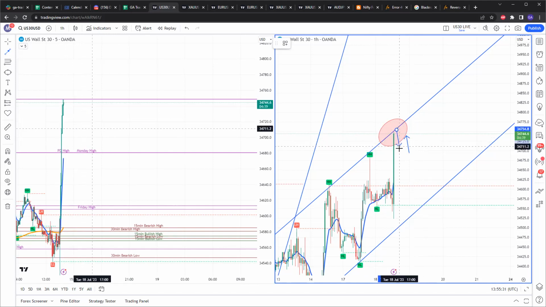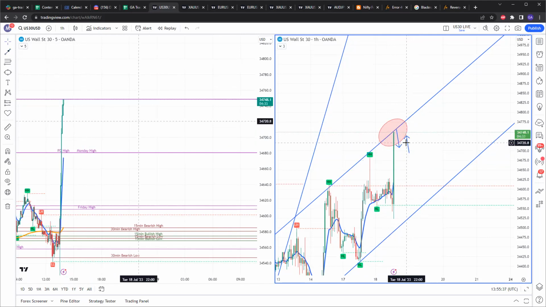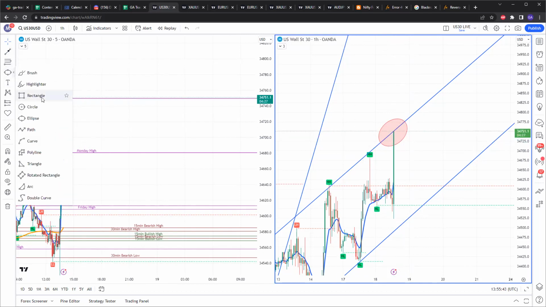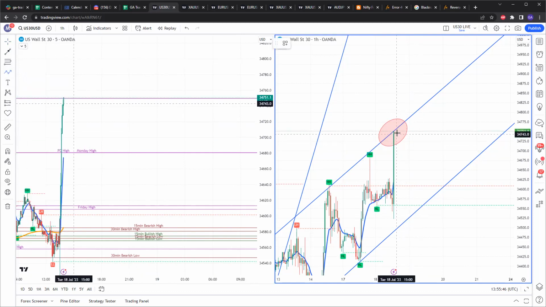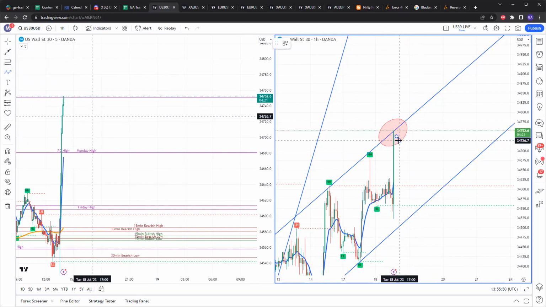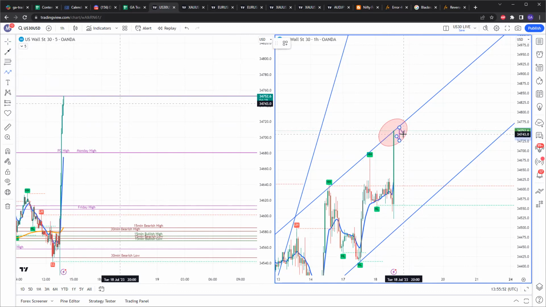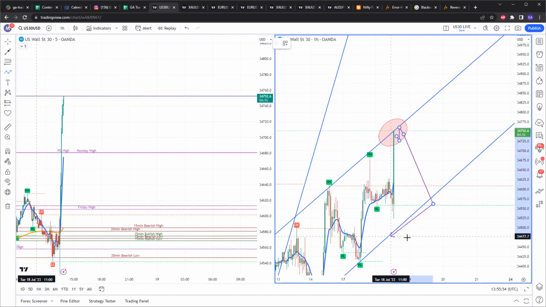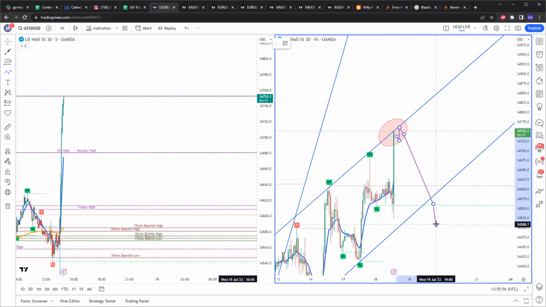However, this hourly candle closes below that hourly trend line. Let me put it this way: this hourly candle closes below, and then the next candle opens up, retests, closes below, and then US 30 dips back down, if that makes sense.